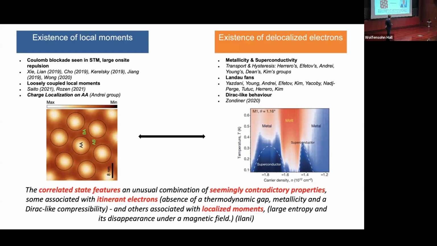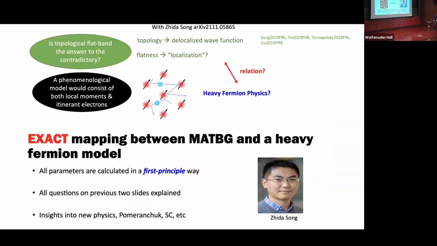It tells you that the correlated states feature a combination of contradictory properties, some associated with itinerant electrons, such as these ones, and others associated with localized moments. So this is in the abstract of this paper, and basically, if you look at the experiments so far, there is this dichotomy between localized and delocalized moments. So how do we understand this?